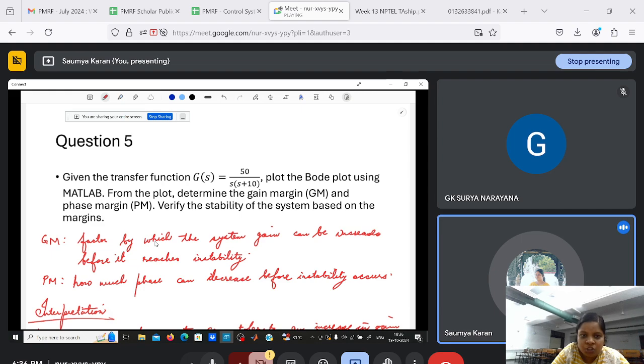We've written margin G. This plots the Bode plot, as well as it is going to calculate gain margin and phase margin for you. You get the margins from here: GM, PM, WCG, WCP. Gain margin, phase margin, gain crossover frequency, phase crossover frequency. All of them are made available in this margins. Then we want to display gain margin, phase margin, at what crossover frequency, both of them. Okay, let's see.